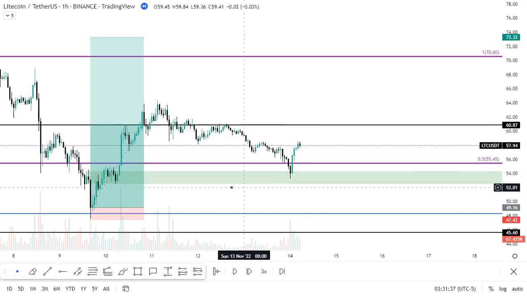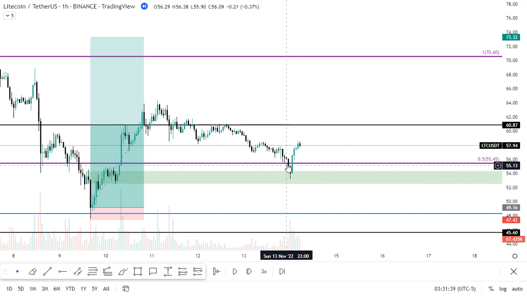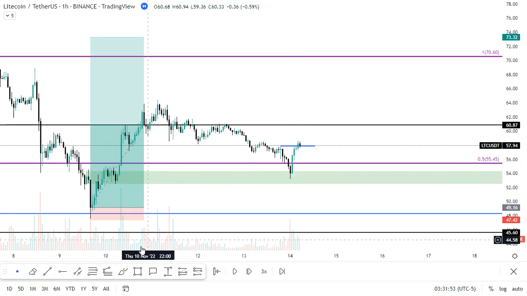Okay, price tagged that area and it's now breaking the structure, change of character happened here. Now we wait for the price to tag this order block to get involved.